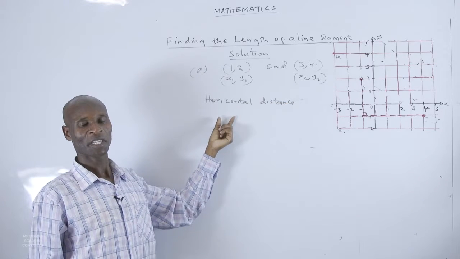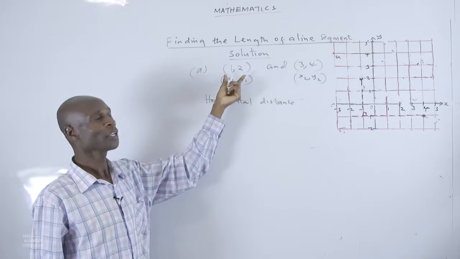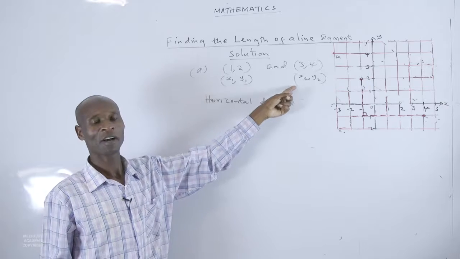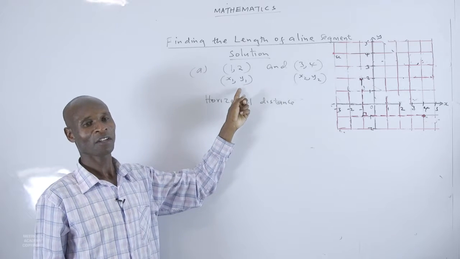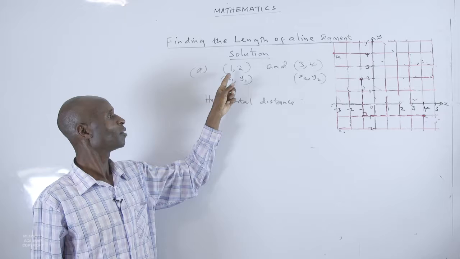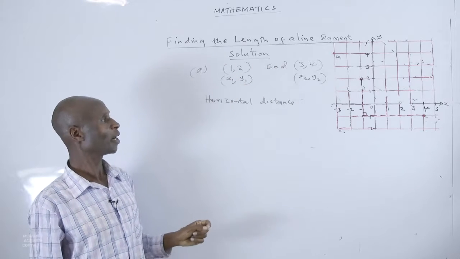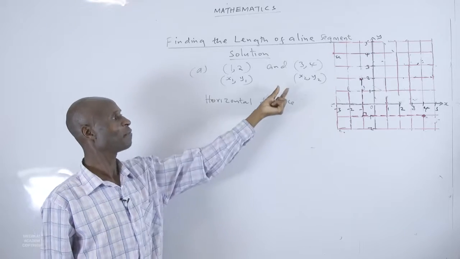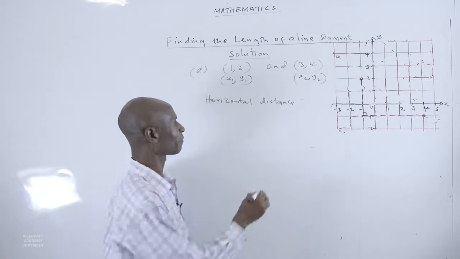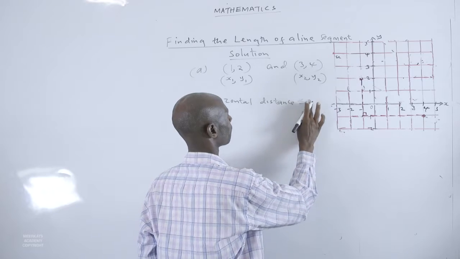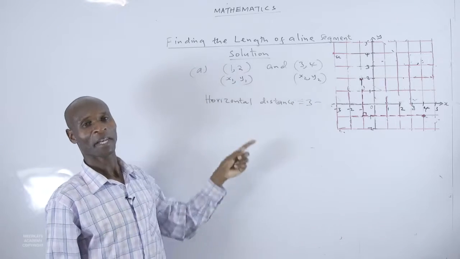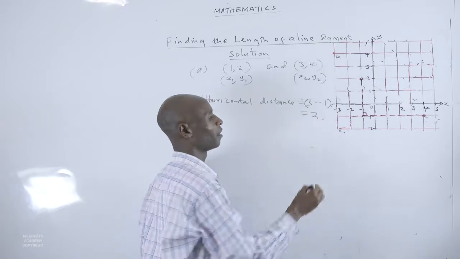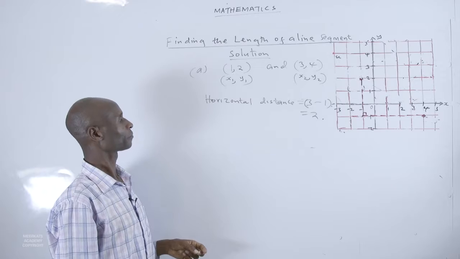Horizontal distance is obtained by taking the difference between the upper value of x and the lower value of x. Between 1 and 3, which one is the upper value of x? You will notice that the upper value of x is 3 minus the lower value, which is 1, and we have 2 units.